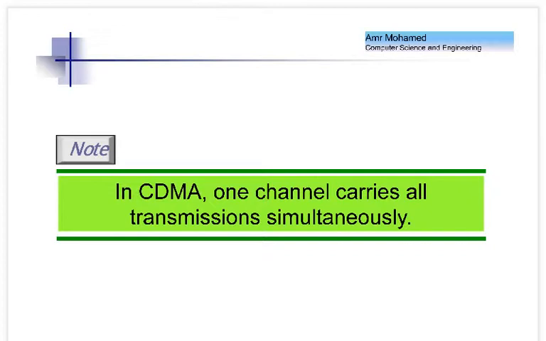The third technique in that category is what we call CDMA, or code division multiple access. This divides the channel neither in the time domain nor in the frequency domain, which is a little bit tricky to comprehend. But in order for you to really understand the concept of CDMA, again, we go back to our meeting example.